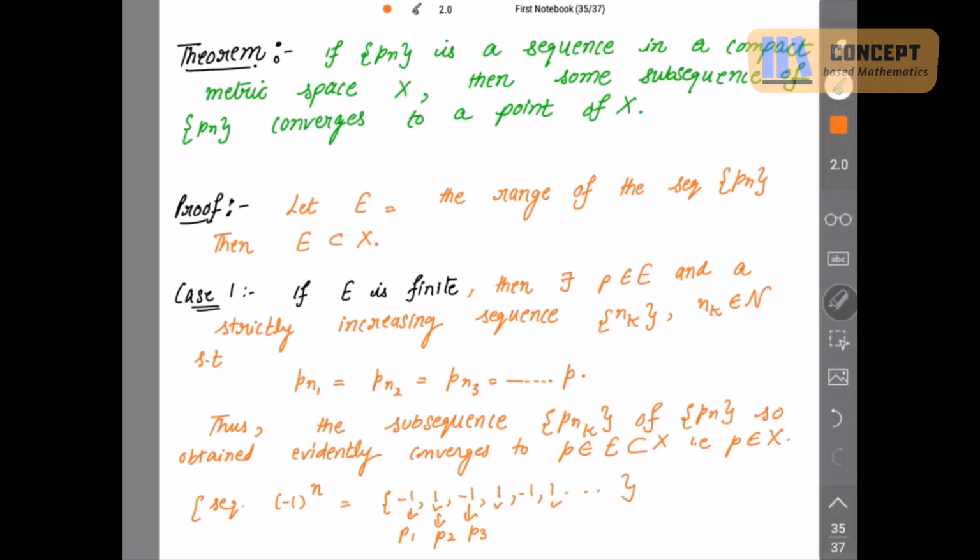Right? So this is just an example for checking the proof.